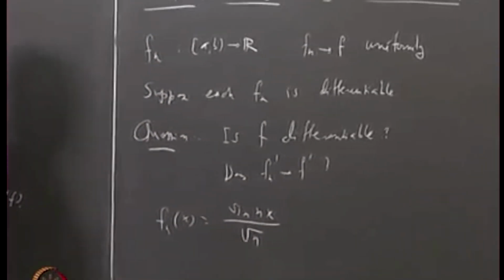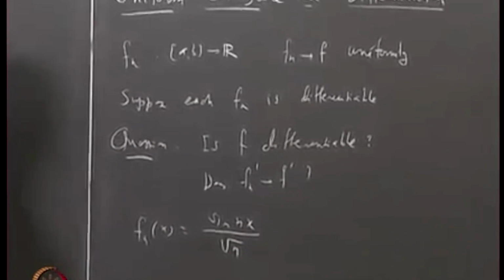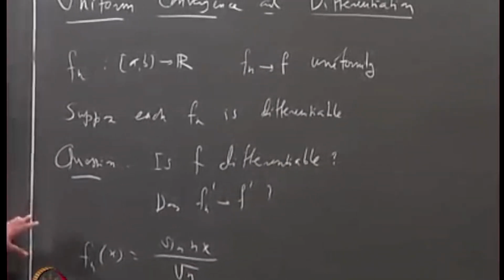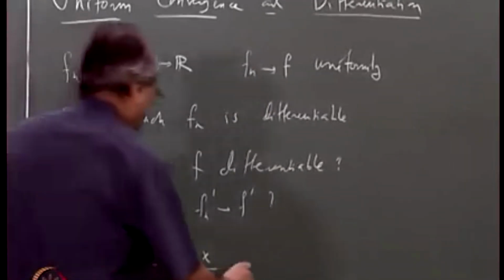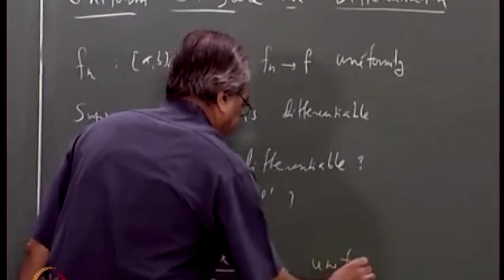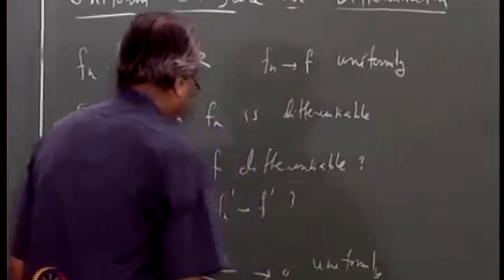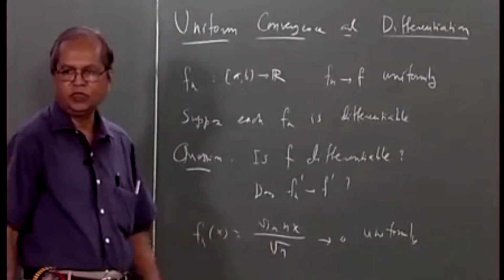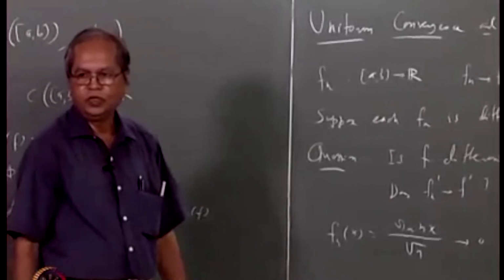Then it is obvious that this tends to 0 uniformly, whatever interval you take. You can take Mn to be less than or equal to 1 by root n, and Mn tends to 0. So that is easy to show.